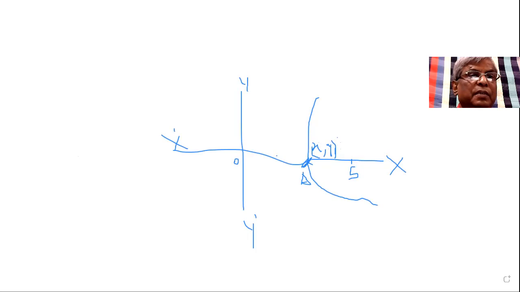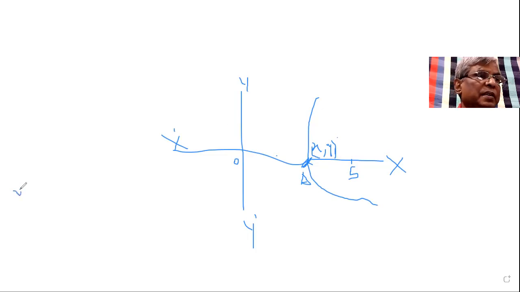Then finding the vertex means you have to find the coordinates of this vertex. And for that we have to find the y-intercept, meaning the intercept made on the y-axis.